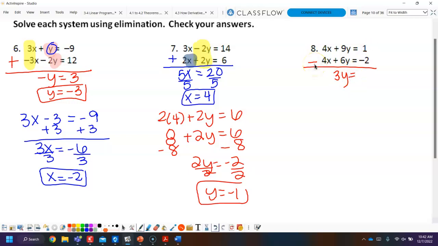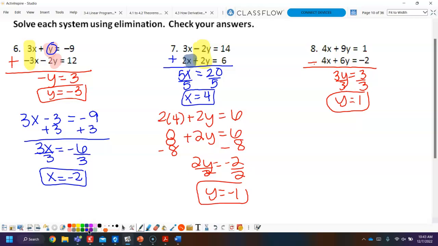So minus a minus becomes a positive. So you get 3. So I get y equals 1.